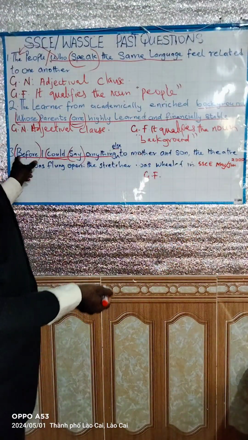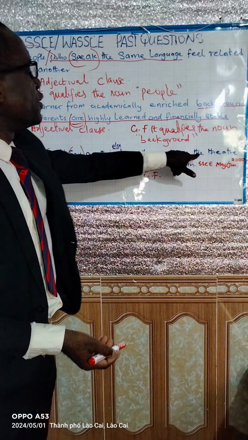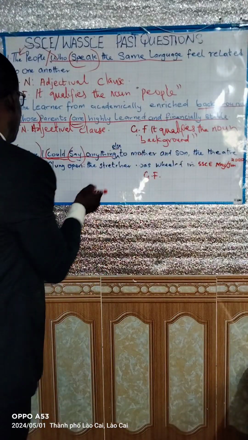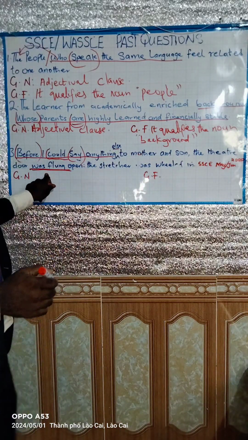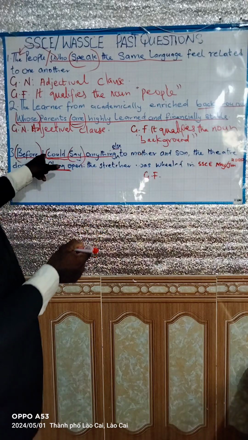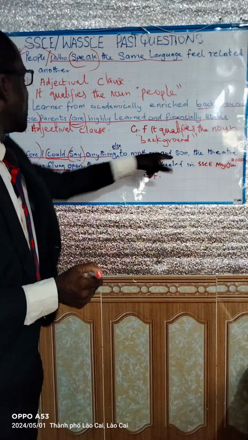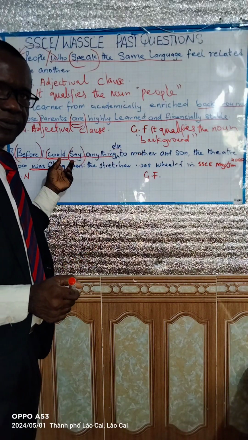Let's check now. Before I could say anything else to mother and son, the theater doors was flung open. So what happened before he could say anything to mother and son? The doors were flung open.